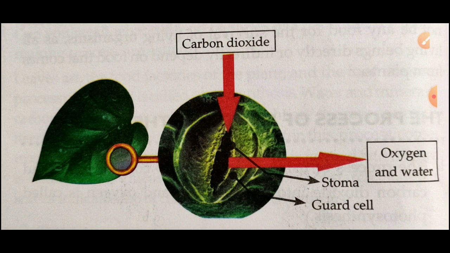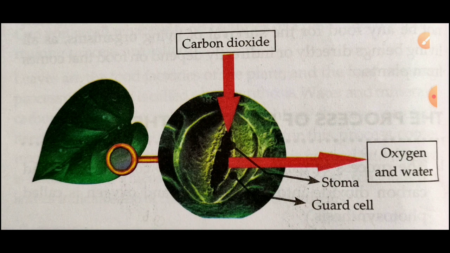Through the stomata, carbon dioxide will enter, and from the stomata oxygen will be released during the photosynthesis process, and water will be released by transpiration. Beside that hole you can see a half-moon, bean-like structure, marked by the red arrow. That is known as a guard cell.